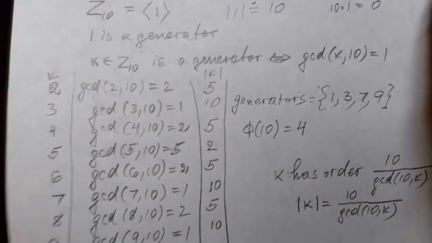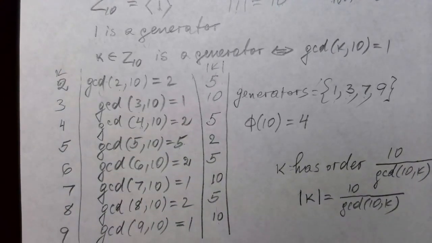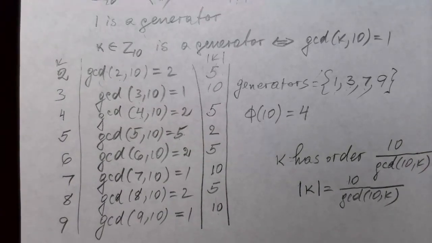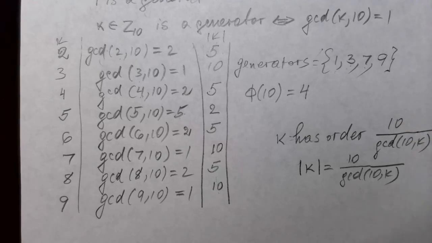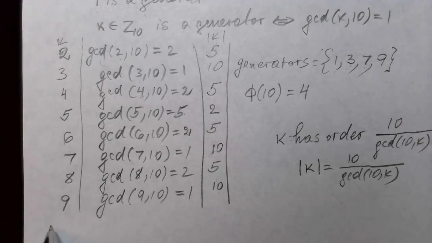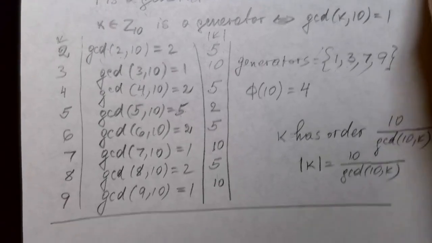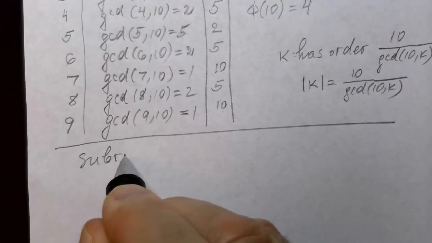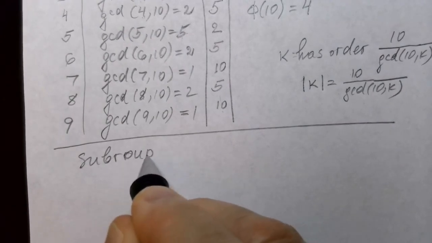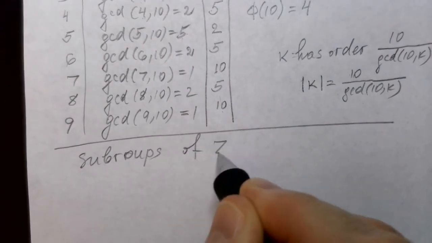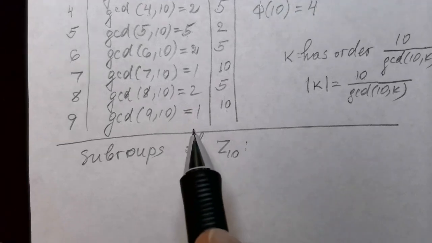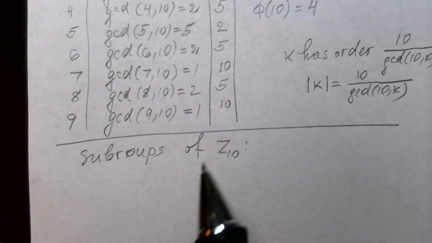And the subgroups of Z10 can be determined easily. For each divisor of 10, we get one subgroup of that order.